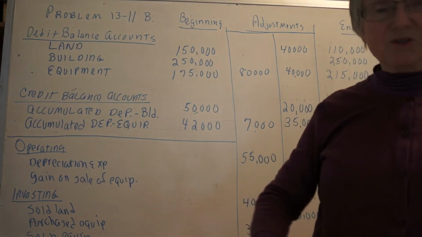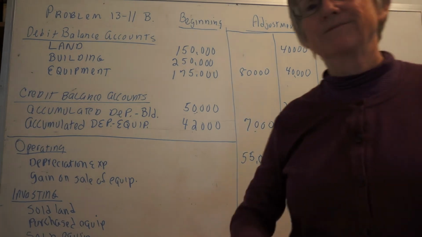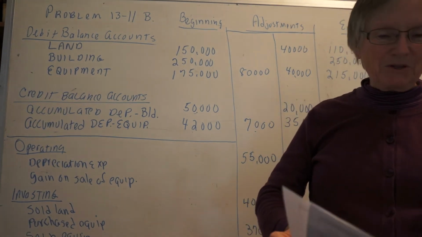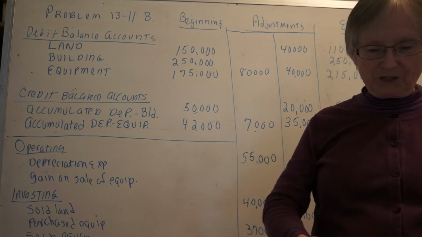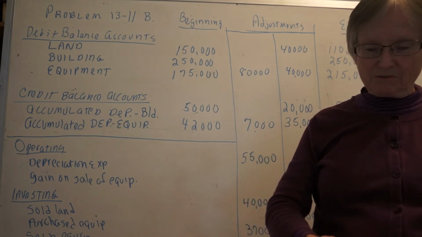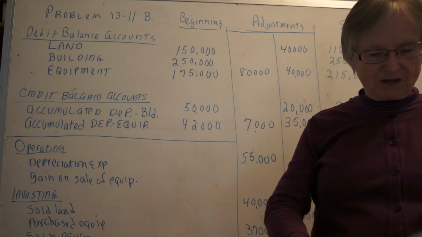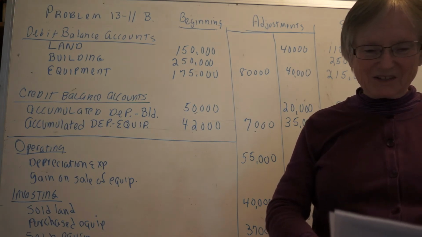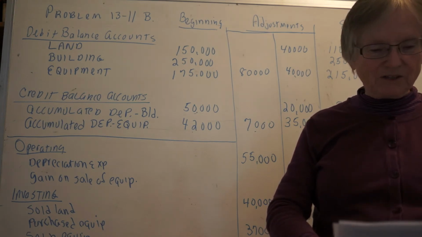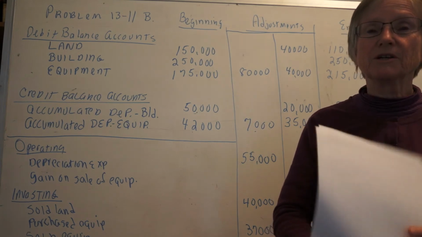So when we make those adjustments in the top section, you would make a debit to the bonds payable for 30,000, and a credit to the common stock for 30,000.